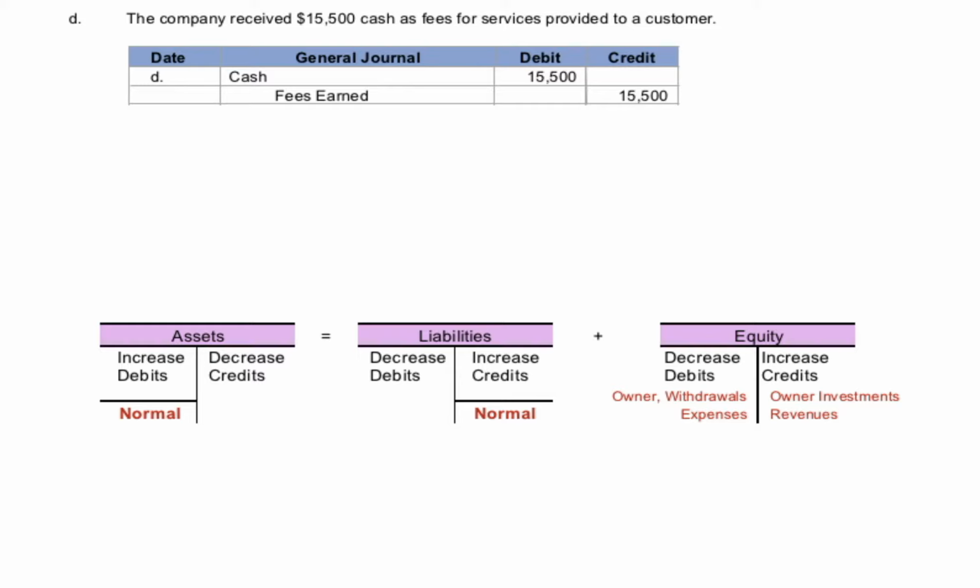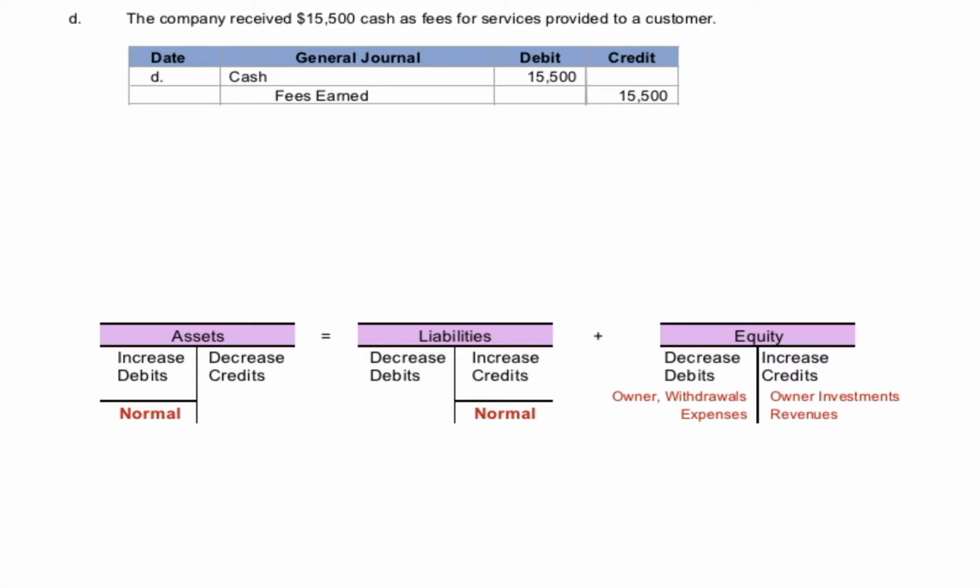Could be fees earned. It could be just called earned revenue. If you're talking about a merchandiser, it could be called sales. It could be called sales revenue. Bottom line is, if you see something that looks like that, that conveys the message that this is the revenue for your company. This is you earning money doing what it is that you do for a living, what your company does.